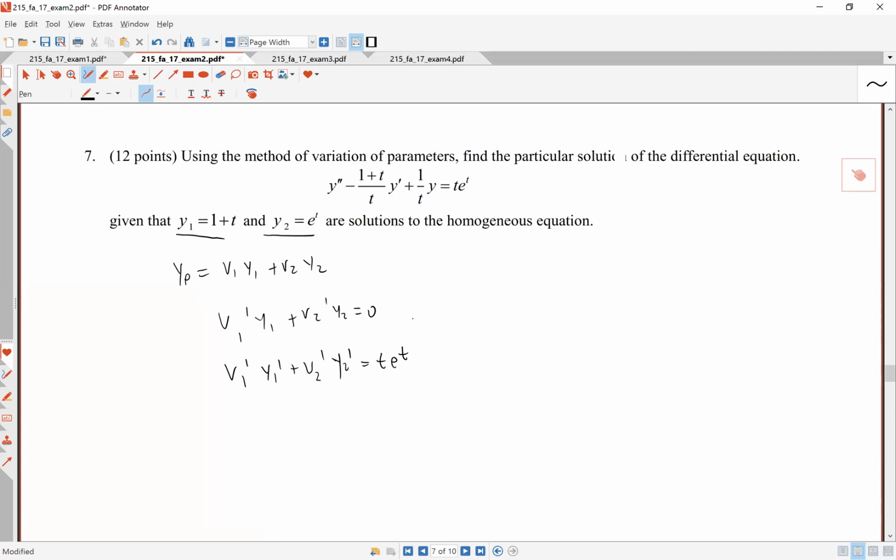That gave us a system of equations. So we have v1 prime times y1 plus v2 prime times y2 equals 0, and v1 prime y1 prime plus v2 prime y2 prime.